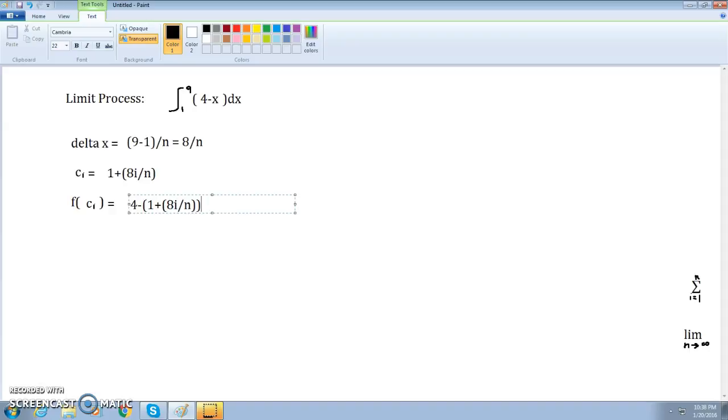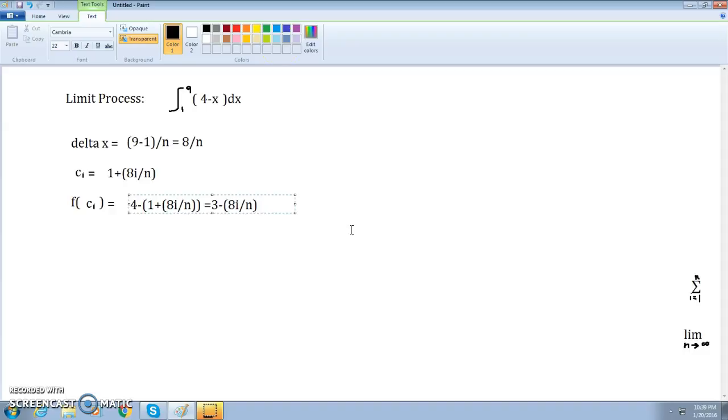So we could simplify that down even further into 3 minus 8i over n. Now that we have those three steps, we could go into the limit process.